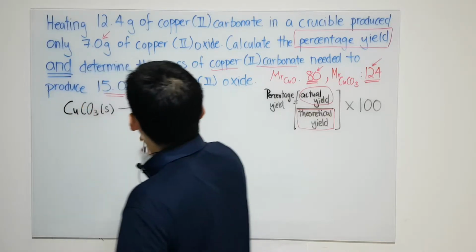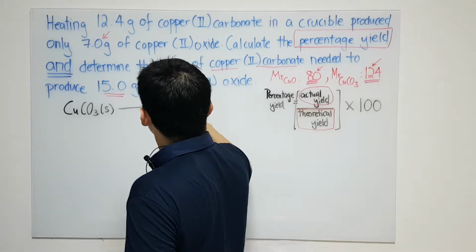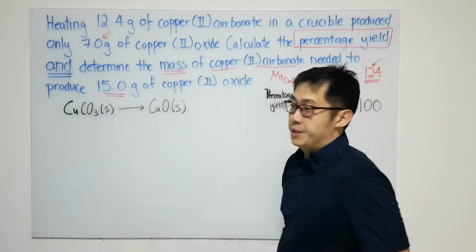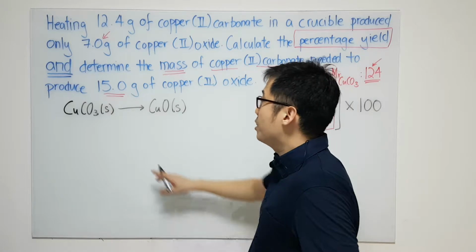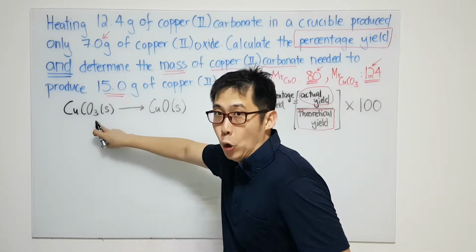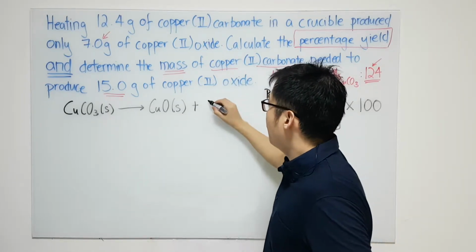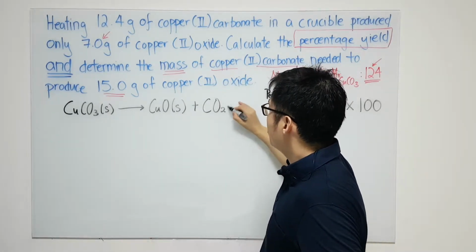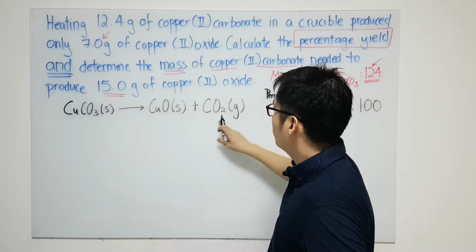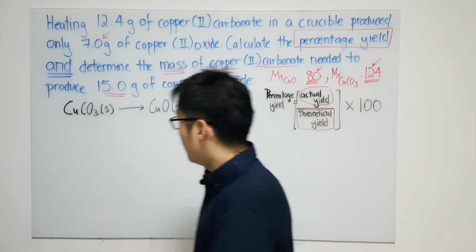Upon heating, the question tells us that it produces copper 2 oxide. Now, as you can see, in order for this equation to be balanced, we still need to produce something that contains a C and an O. And in this case, being a carbonate, I think it will be very likely that this is actually CO2 gas. And if we were to look at this equation, this is balanced already.